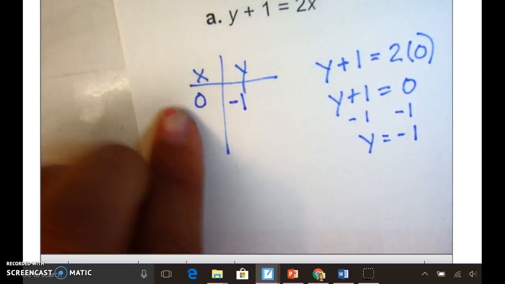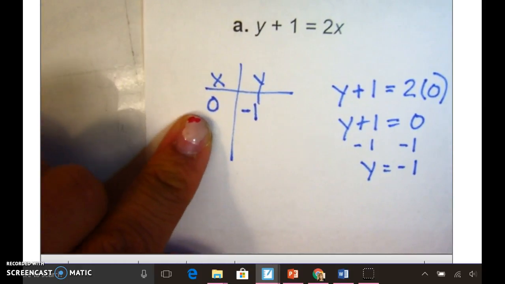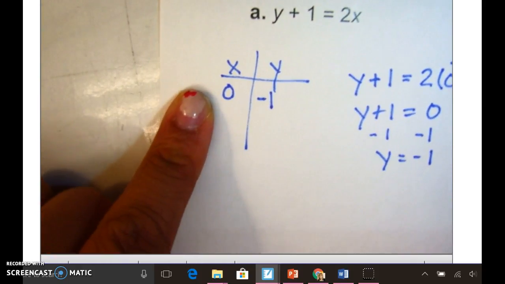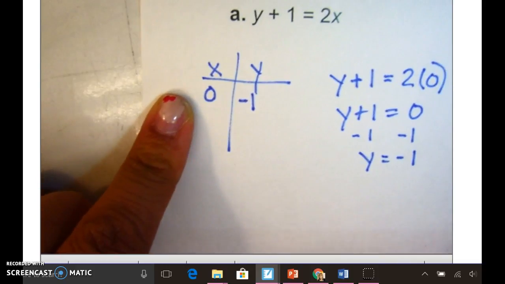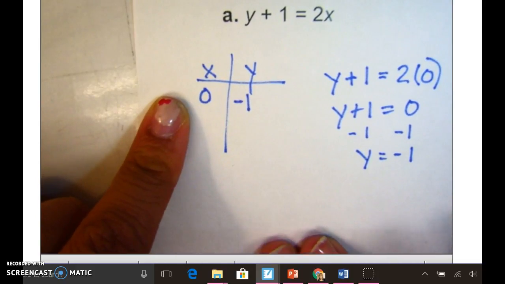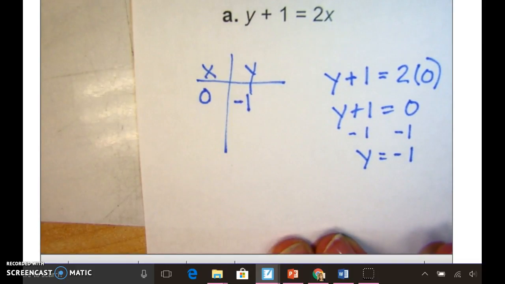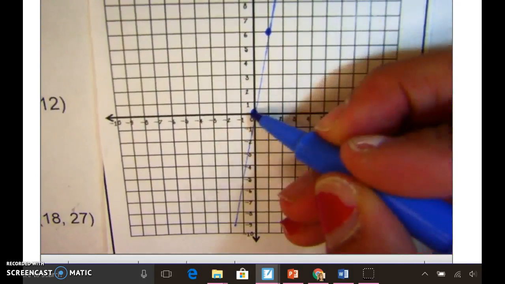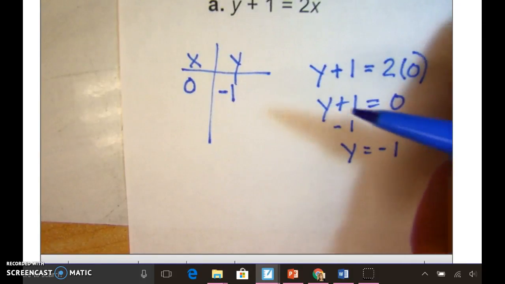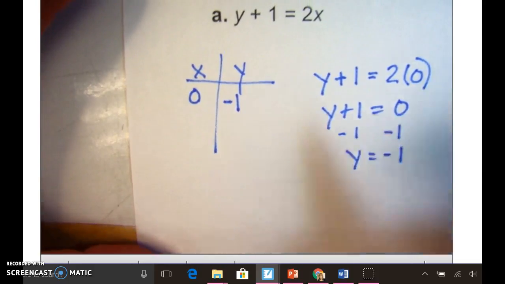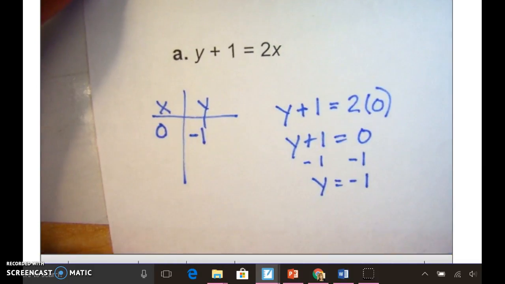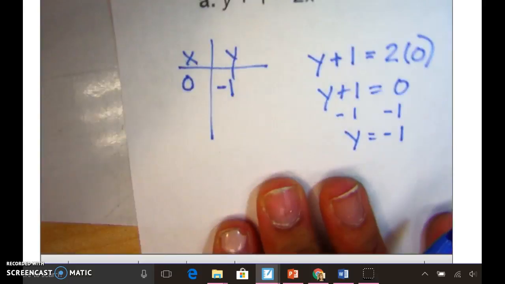So when I do that, I should already be able to know that this is not direct variation. Because in a direct variation, I need to be able to go through the origin. The only way I'm going to go through the origin is when x equals 0, that y also equals 0. When I put 0 in for x, that y also equals 0. And this already shows me that it doesn't.